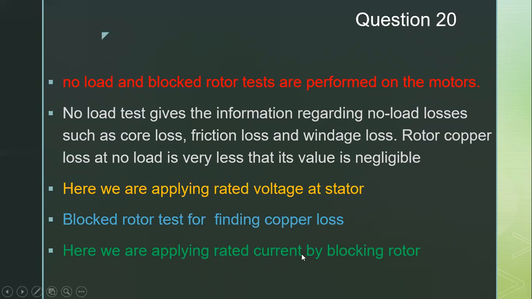When you apply the rated current, the voltage will be very low, because the rotor is in a blocked, shorted condition.